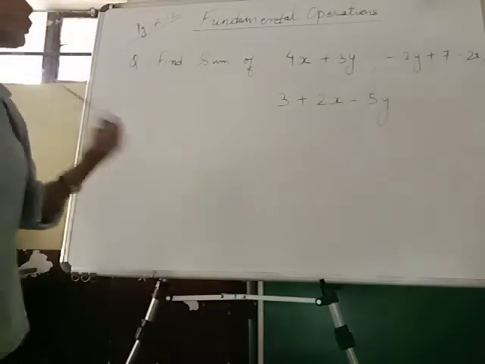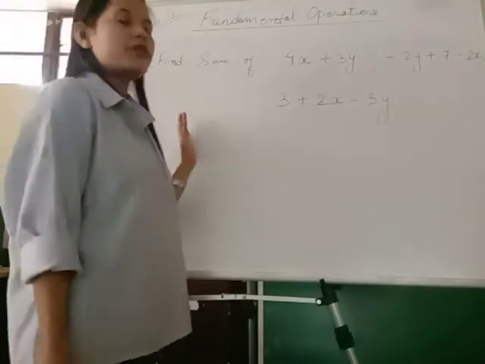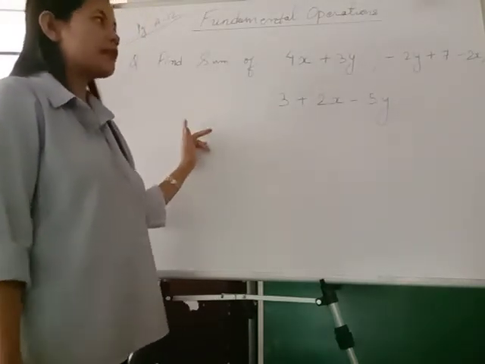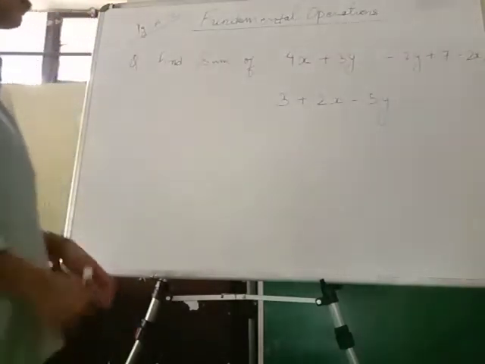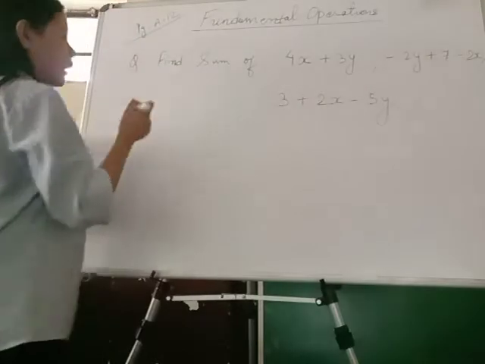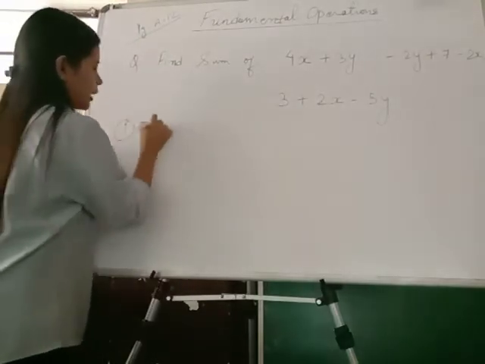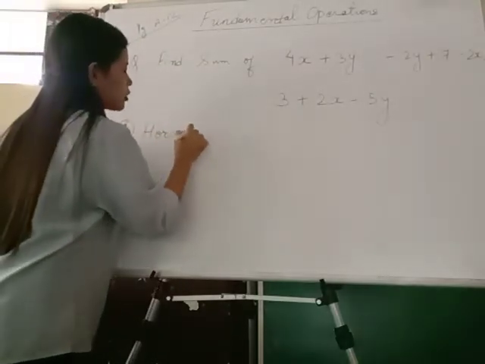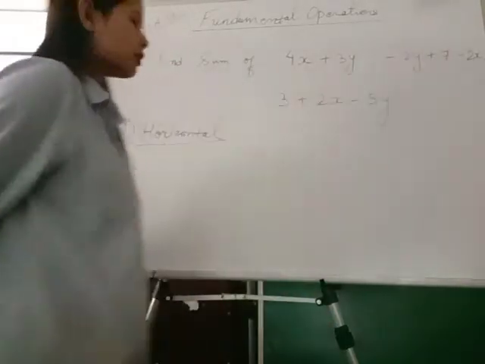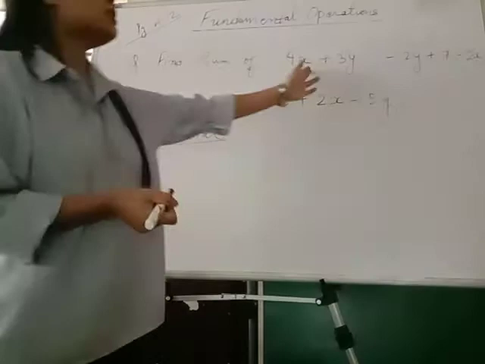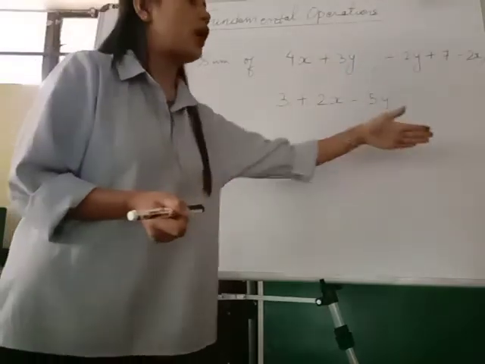Okay, so there are 2 methods of addition of algebraic expression. One is horizontal method and one is column method. Okay, so let me first explain this by horizontal method. Okay, so horizontal means writing it in a straight line. Yes, so we will write all these expressions in one line.